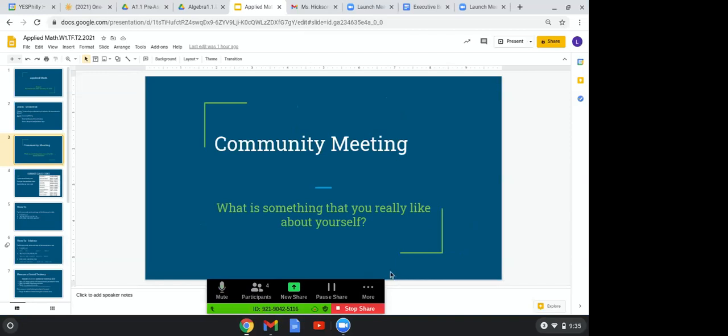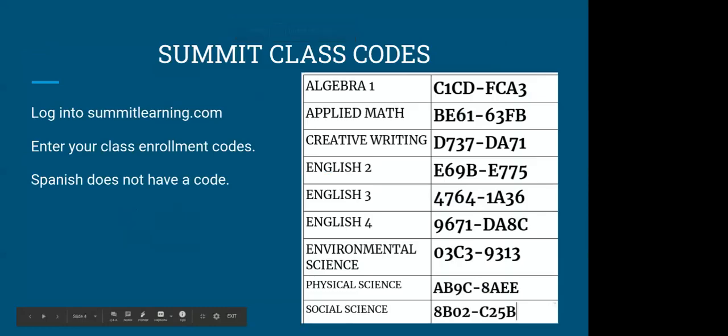Okay. All right. So otherwise, let's move it right along. So, housekeeping. Everybody who is here has entered the class. You've entered the enrollment code for this class in Summit. You should have entered BE6163FB. If you have not, please write it down on your paper. And I'm going to need you to enroll in the class.